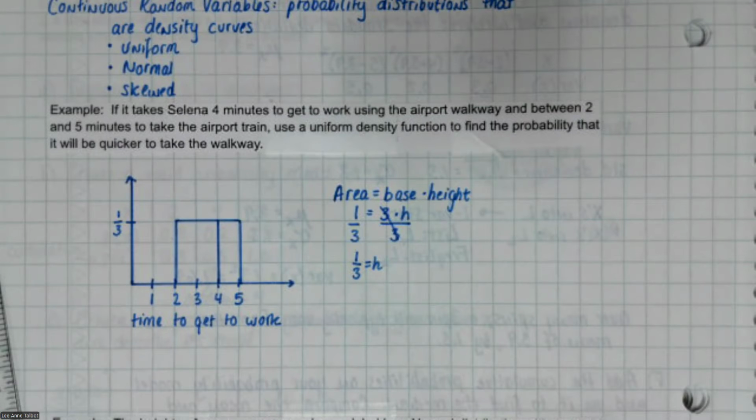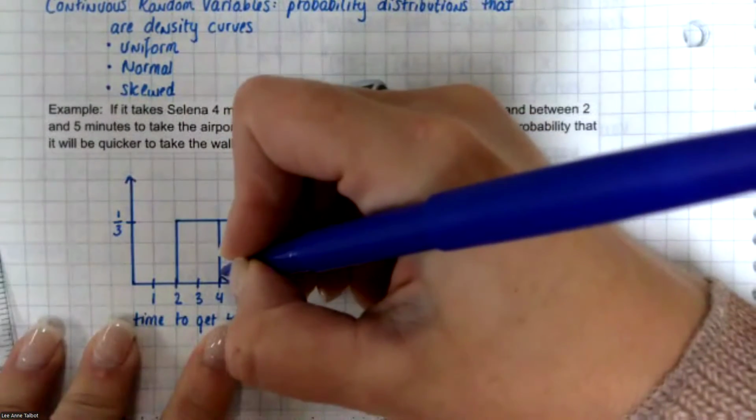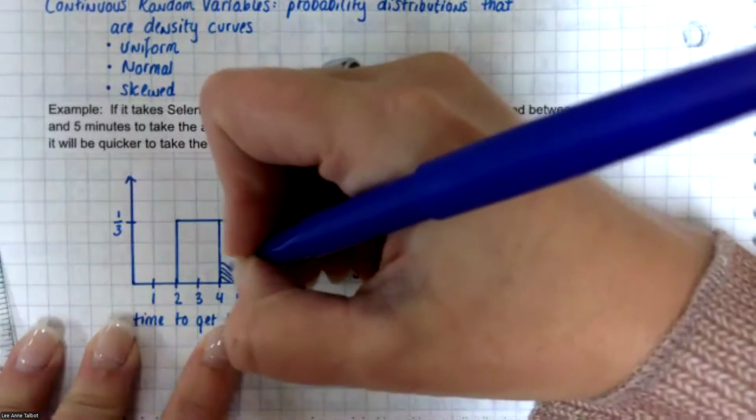So she's walking up and it says it's going to take over 4 minutes on the train, so she should take the walkway. If it says anything less than 4 minutes, she should take the train. So the issue here is between 4 and 5. This is the region where she should definitely take the walkway.